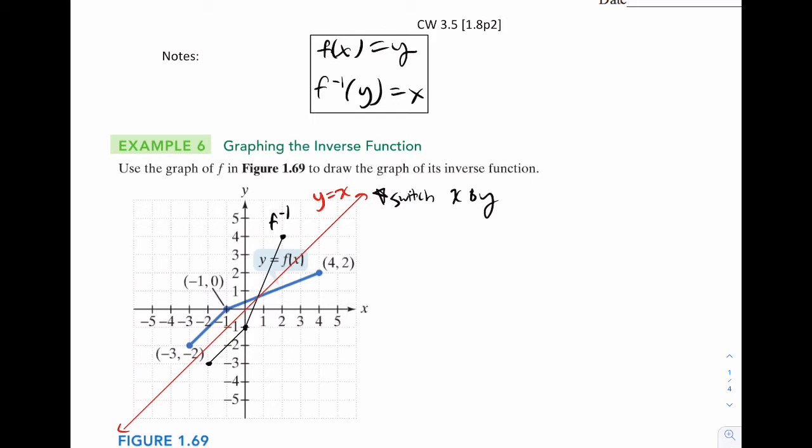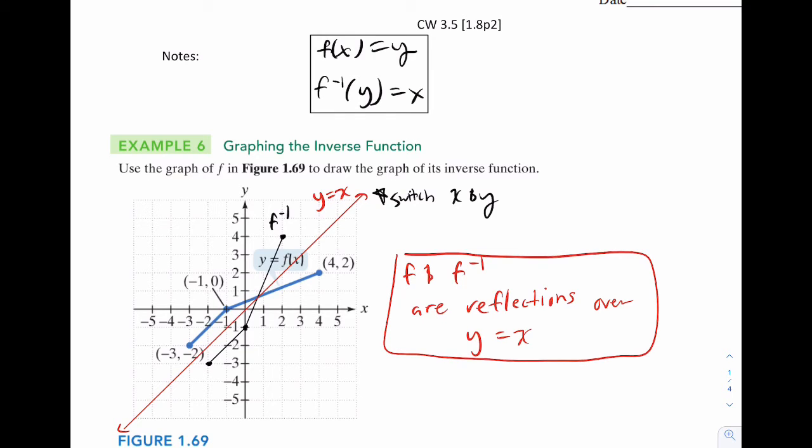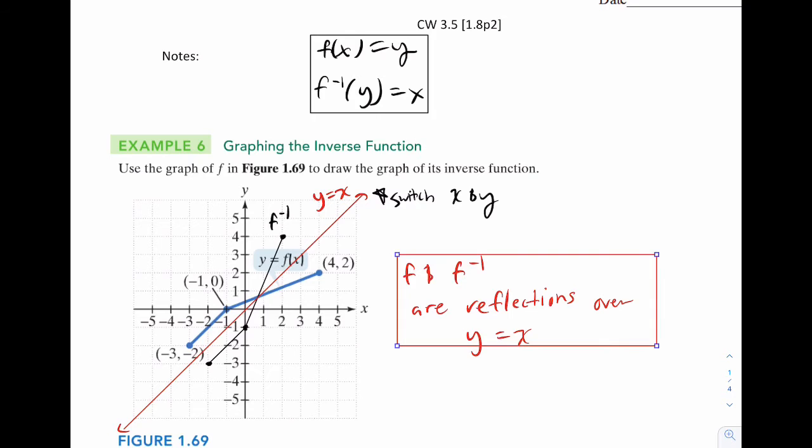So essentially, f and f inverse are reflections over y equals x, which makes sense because you generate the inverse by switching x and y. So just write that down, and that's really all you need for this first part of the lesson.